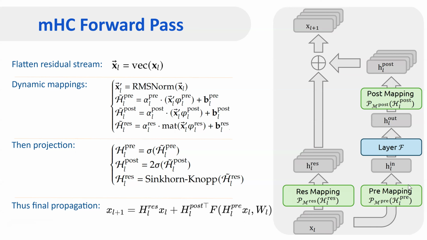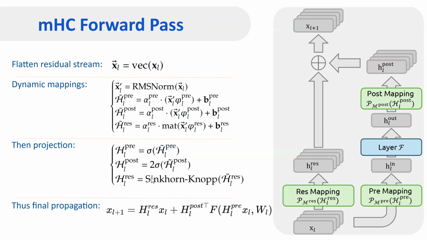Then on all of these mappings, we have a projection matrix, some scalar gates, and some biases. For pre and post mappings, we apply sigmoid. This one is scaled.